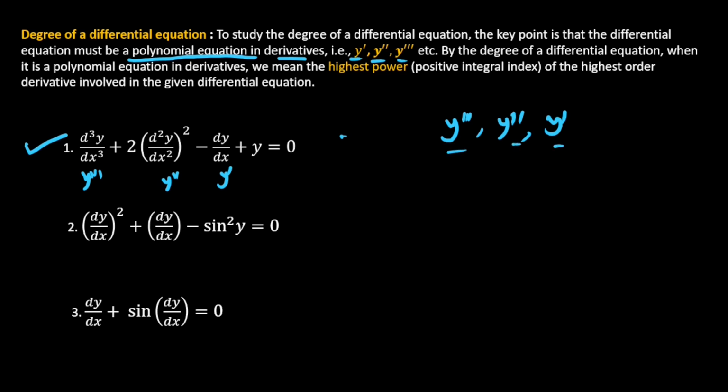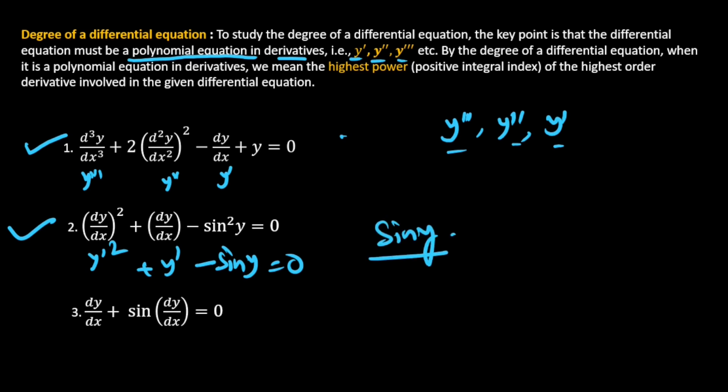In example 2 we see this is a polynomial equation in y dash, that is y dash square plus y dash minus sin square y is equal to 0. It is not a polynomial in y, because sin y is not a polynomial. We only need a polynomial in the derivatives, not in y.